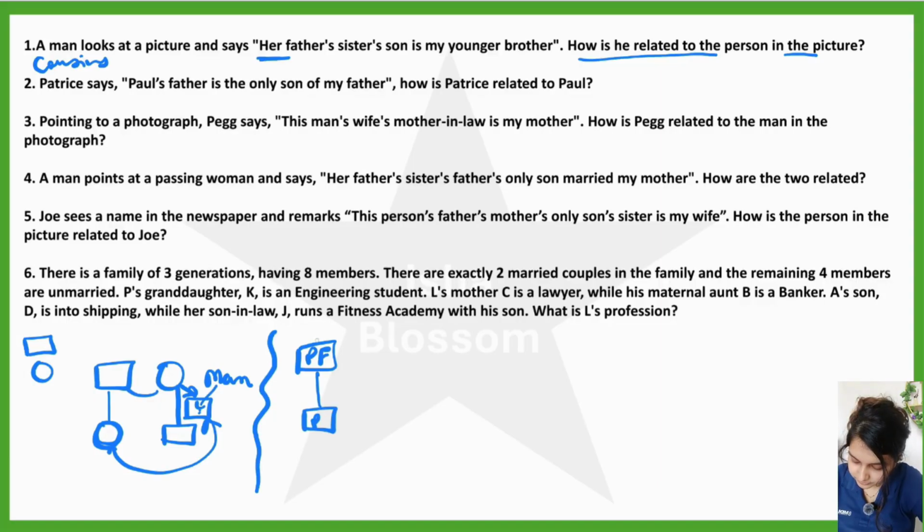So Paul's father's father, Paul's grandfather. So Paul's father is the only son of my father, which means Patrice is here. Okay, so Patrice and Paul's father, they are siblings. How is Patrice related to Paul? Patrice would be Paul's aunt.